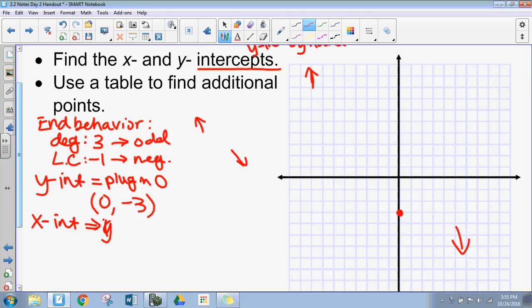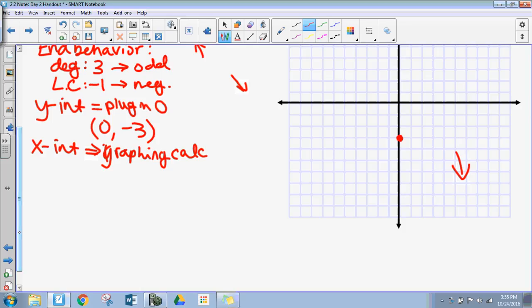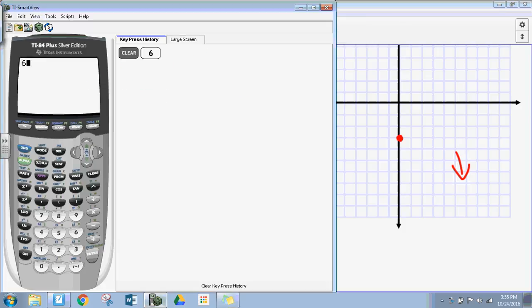So graphing calculator is what you're going to need. You can use Desmos if you don't have one at home, but you should have some time to work on this in class. Okay, so x-intercepts in our graphing calculator. So we're going to go to our graphing calculator now and hit our y equals button, clear out any functions that we have in there, and we're going to plug in that function.